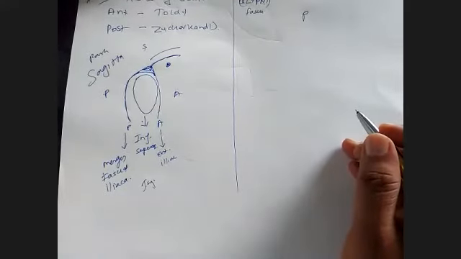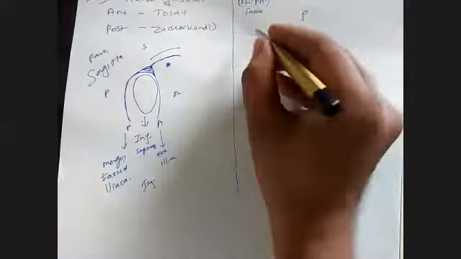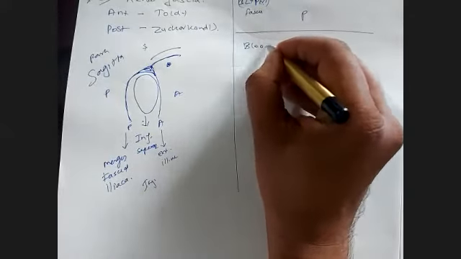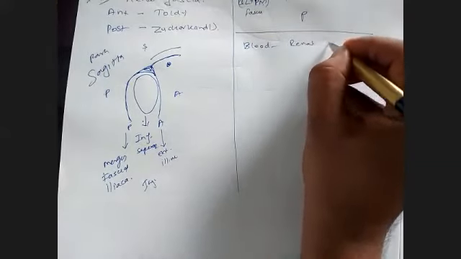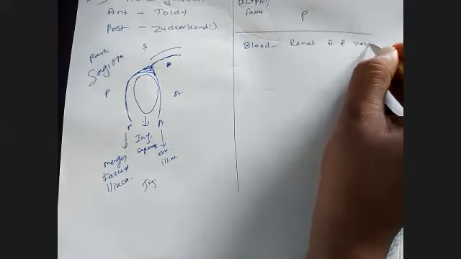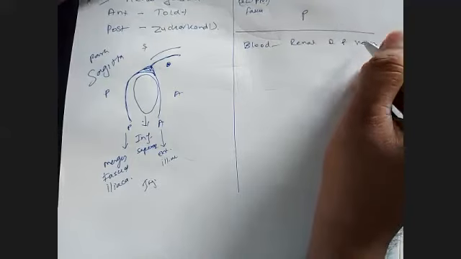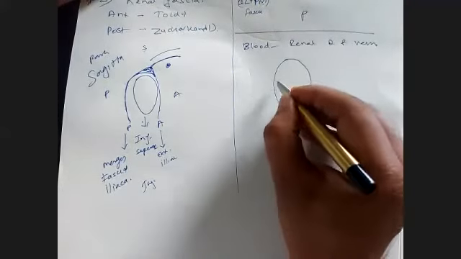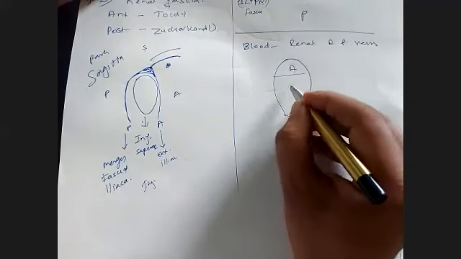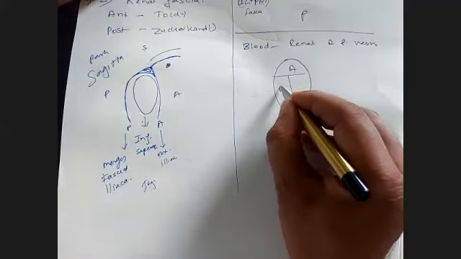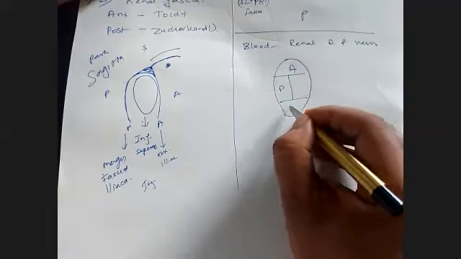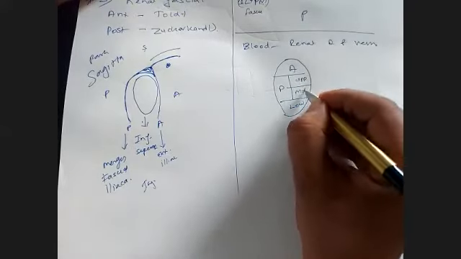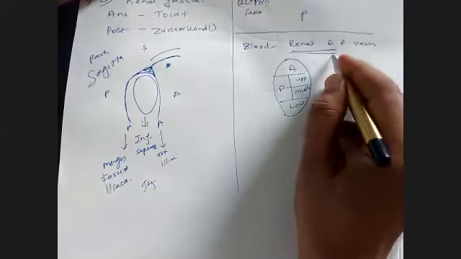Of course, the blood supply of the kidney and the venous drainage of the kidney is very easy. It is just the renal artery and renal vein. But based on the blood supply, sometimes some segments of the kidney are described as apical, posterior, lower, upper and middle. This is based on the branches of the renal artery.